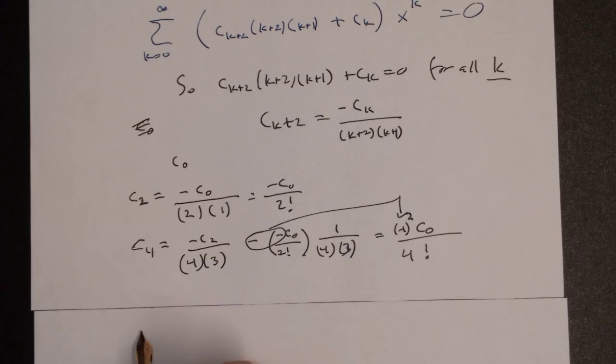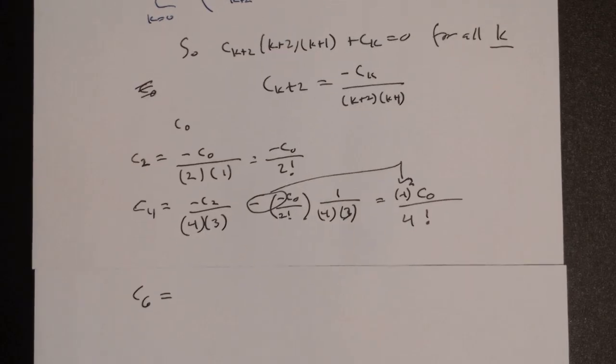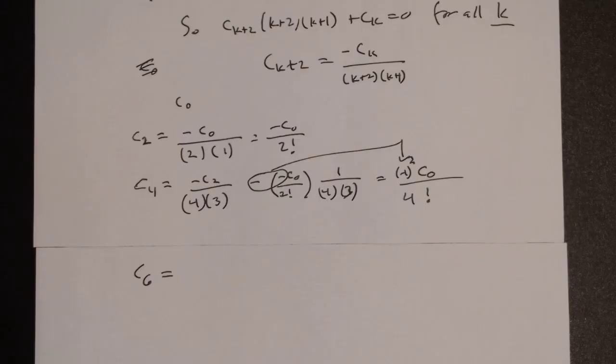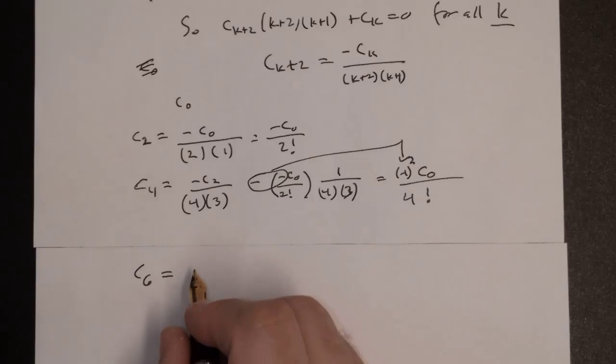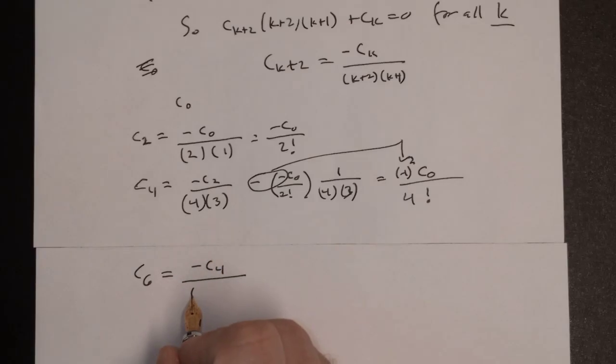What's C6? It'll be negative C4 over 6 times 5. 4 plus 2, 4 plus 1.